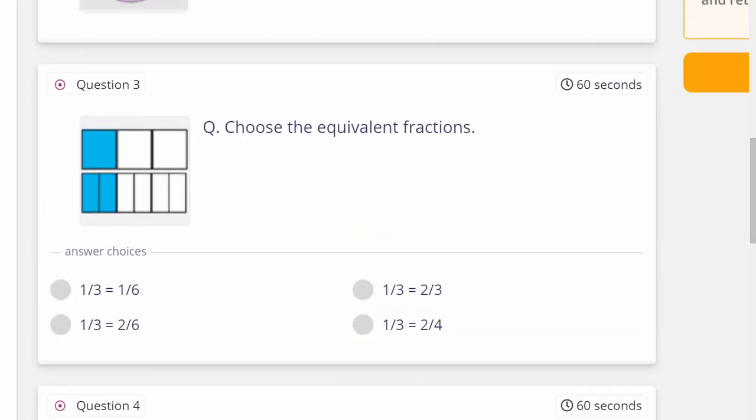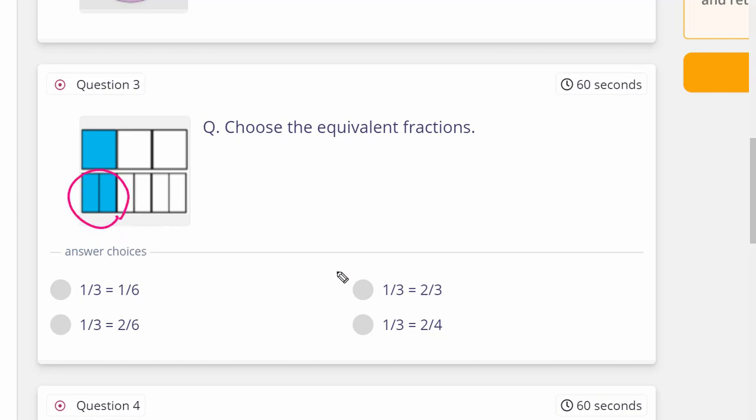Okay, the next one. Hamza? Yes, teacher. Quickly, my hero. It's 1/3 and equal 1/6. 1/6? Yes. Okay, can you see here 1/6?